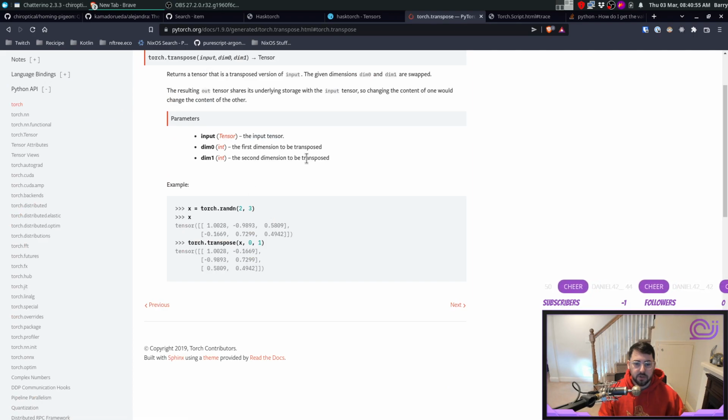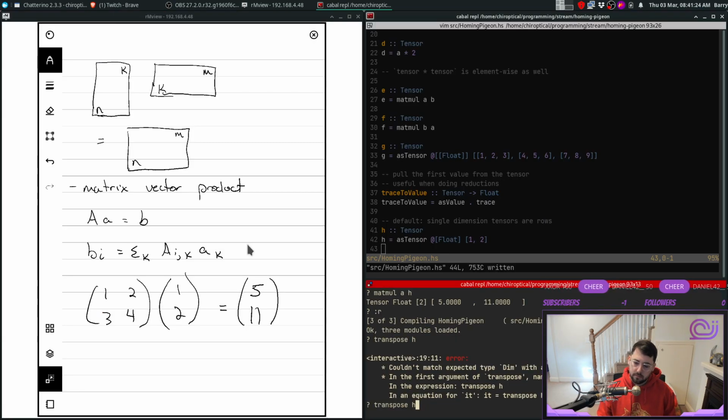The first dimension to be transposed. Okay. So it's going to be 0, 1 for the default, I guess. So dim 0, dim. Maybe I just need dim 0? I'm confused. Dim 1 H?